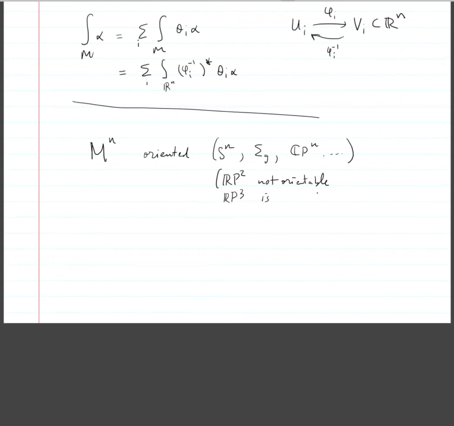In fact, all even projective spaces are not orientable, whereas the odd ones are.